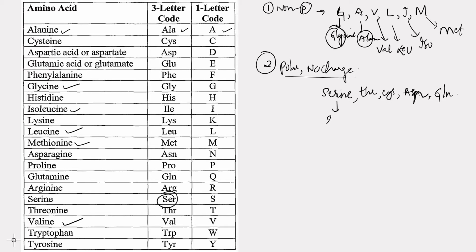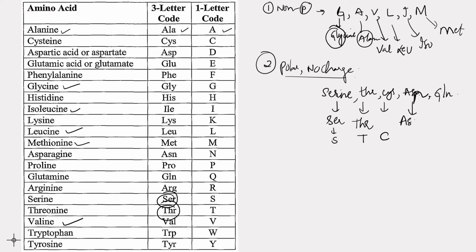Serine is represented by SER, and the 1-letter code is S. Threonine is THR, the first 3 letters, and it is represented by T. And cysteine is again the first 3 letters and is represented directly by C.